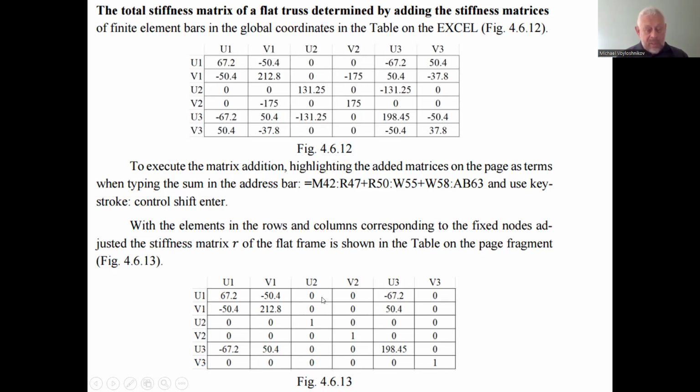So we exclude the opportunity of displacement in these directions for definite nodes. The remaining matrix is the global stiffness matrix of the mechanical system in the global coordinate system, considering the impact of the support on the mechanical system.